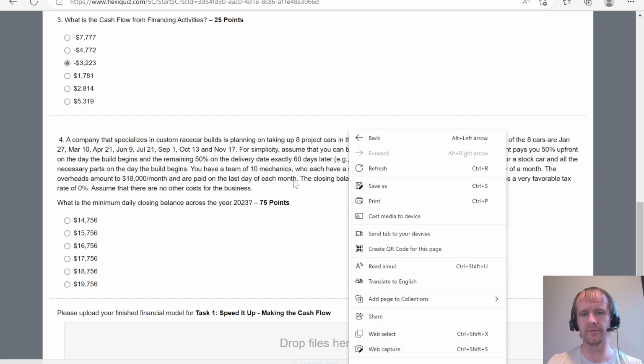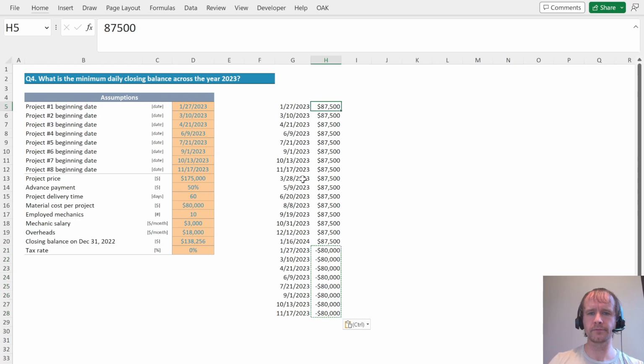Closing balance. Okay, fine. So 12/31/22. Oops. Okay, that was not what I was looking for. 12/31/22. There we go. Let's put it in a better date format. So balance change.